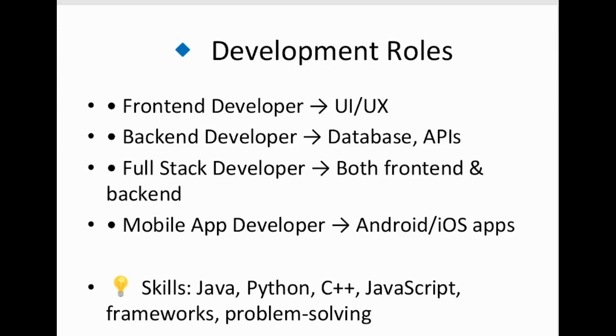In development roles, the front end developer handles UI and UX, the user interface which we all see in the front of applications. Backend covers database and API; in the database we work in the backend, and this work is done by the database engineer.